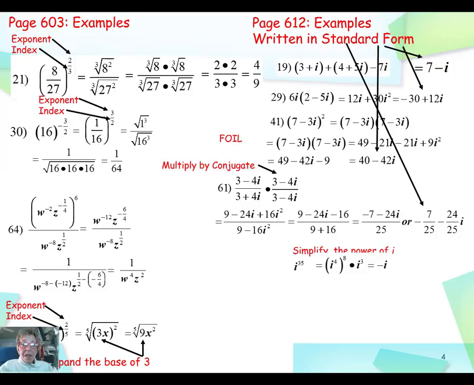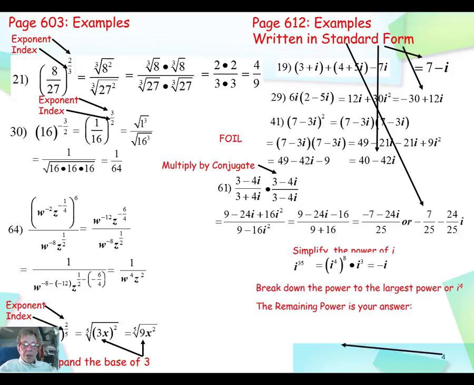What I'm left with is i to the 3rd, and i to the 3rd actually gives me my answer, negative i. And all you have to do for this is break down the power to the largest power of i to the 4th. The remaining power is your answer. You must remember that i squared equals negative 1, and i cubed equals negative i.